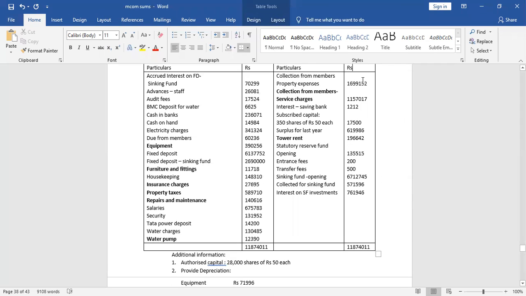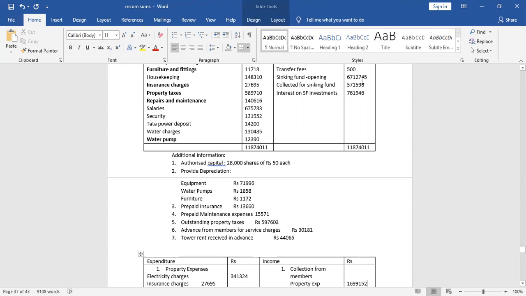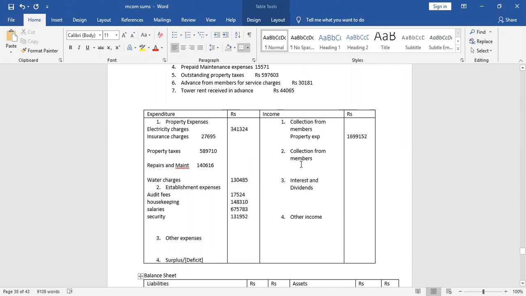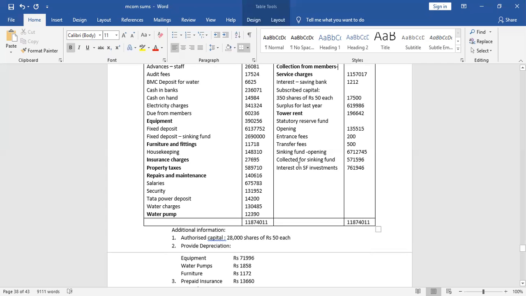Then we have collection from members for service charges or establishment charges, 11 lakh 57,017. So this is also done.